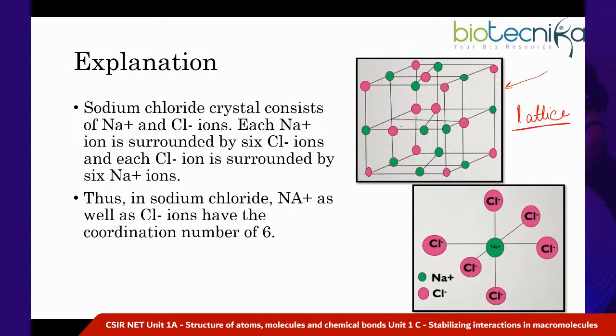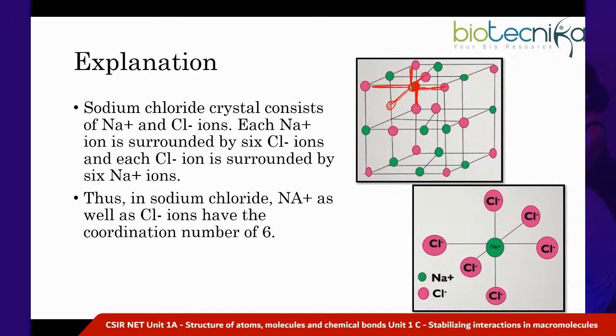Now here what happens, especially in sodium chloride, one sodium will be surrounded by 6 chlorine like this. So first of all, if you are able to understand, let's say this sodium, okay, it is surrounded on all its sides by the different chlorine atoms, and even on the sides also.